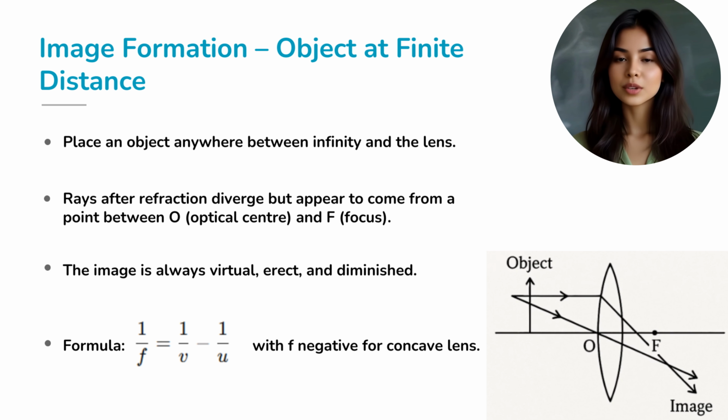Just remember, for concave lenses, f is taken as negative. So, next time you try on someone's spectacles and everything looks tiny, don't panic. That's just the concave lens doing its job, making sure the world looks like a fun-sized version.